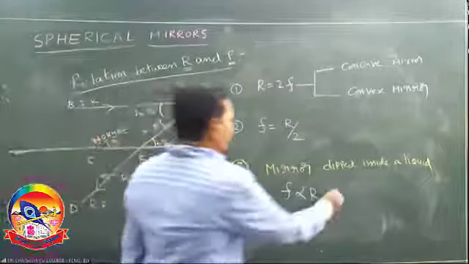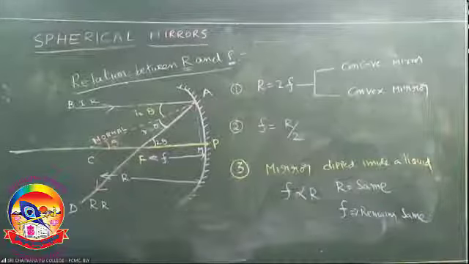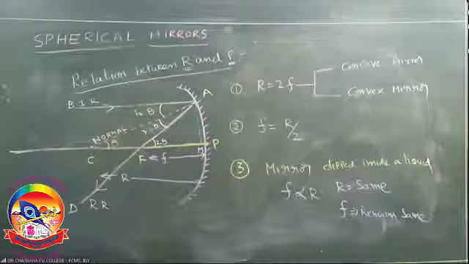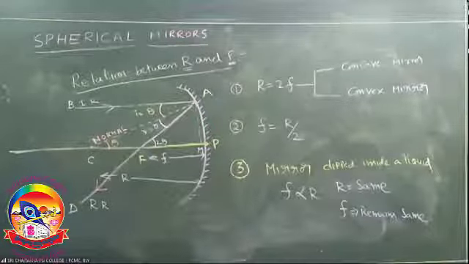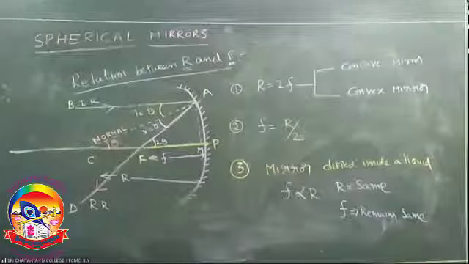Though it is dipped inside the liquid, either water or any liquid, the focal length does not change because it only depends upon the radius of curvature. Radius of curvature will not change if it is dipped inside the liquid, so the F value also remains the same.